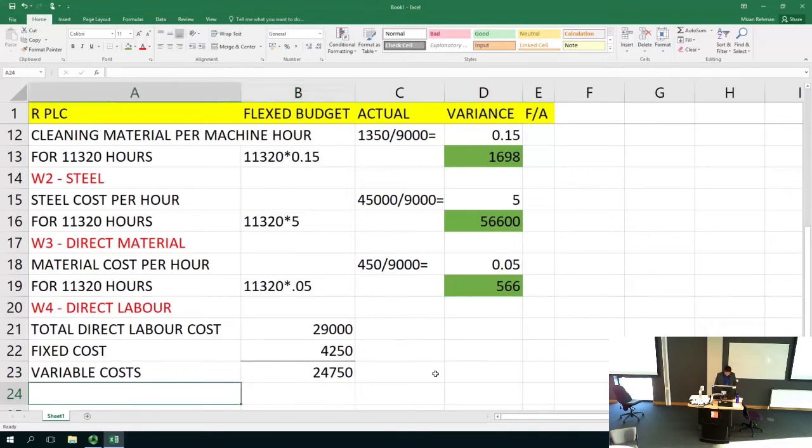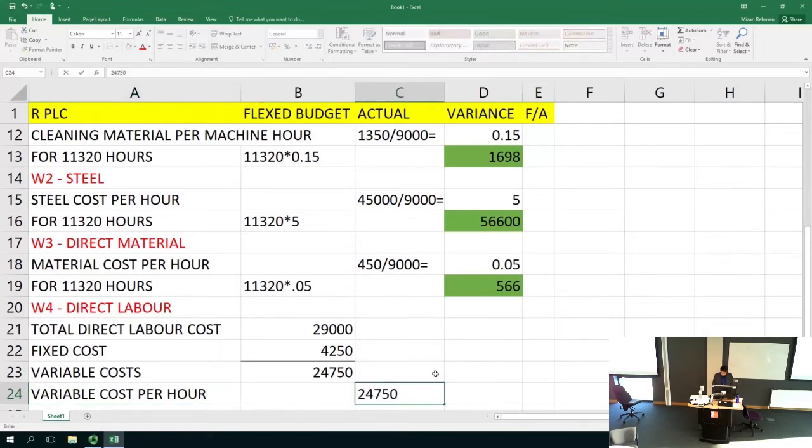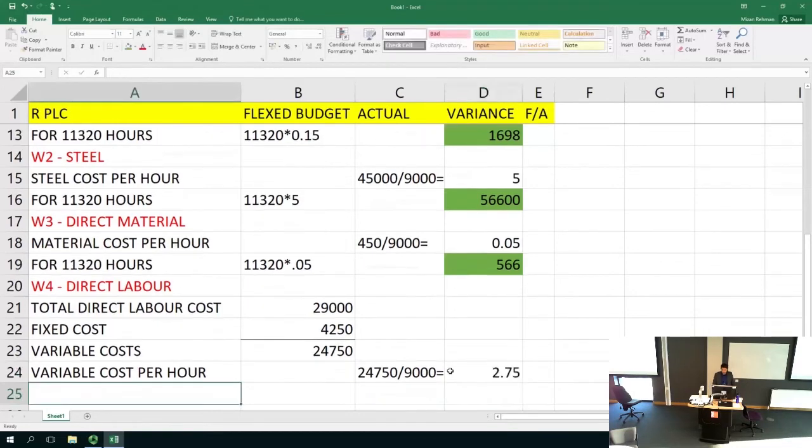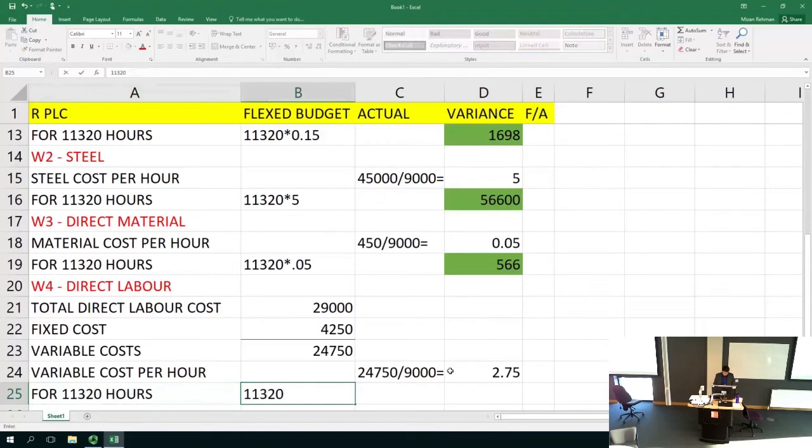So variable cost per machine hour is 24,750 divided by 9,000 hours, which equals £2.75.